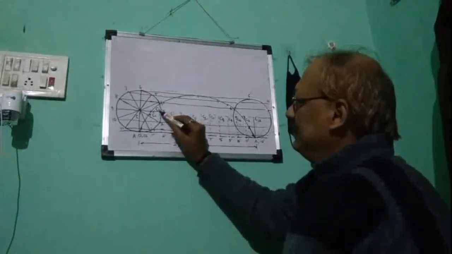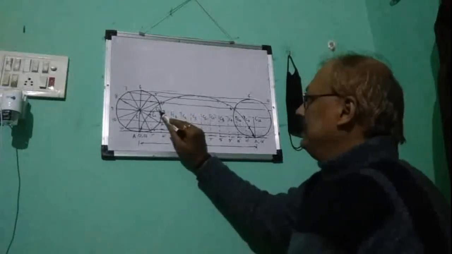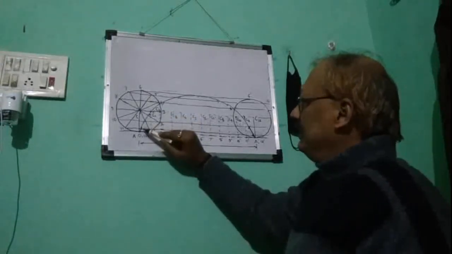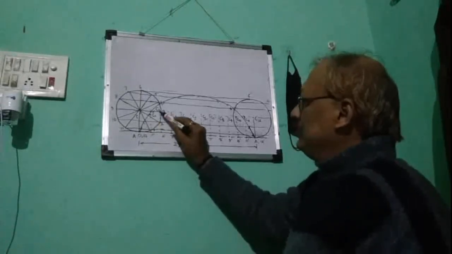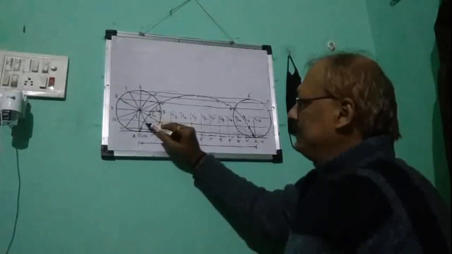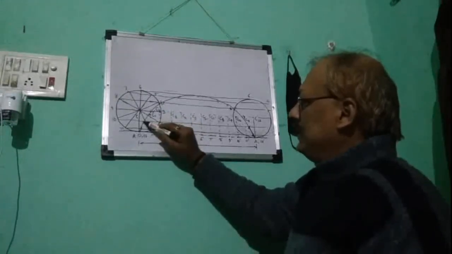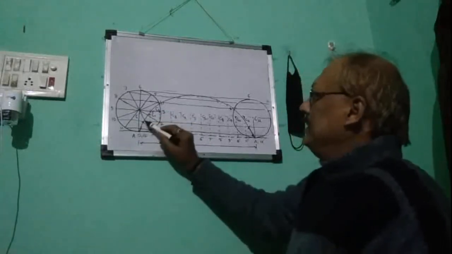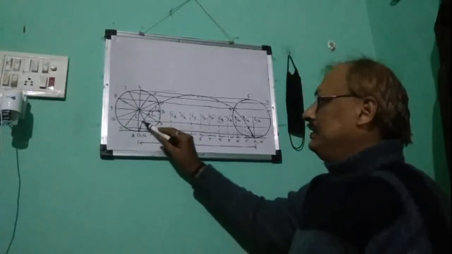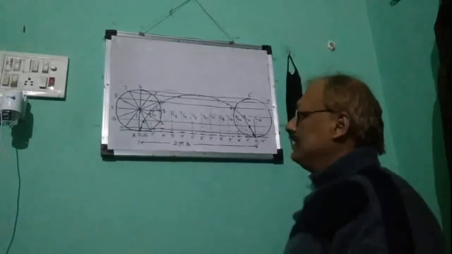And the corresponding point will be here somewhere. So C2 is the center and this is the arc radius. So suppose here. So we have to make tangent and normal at this point, isn't it?